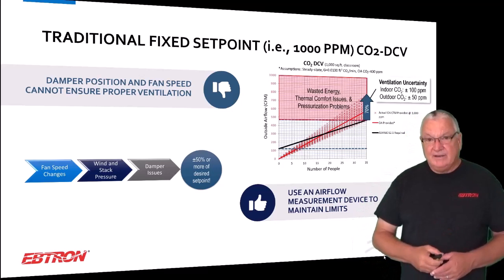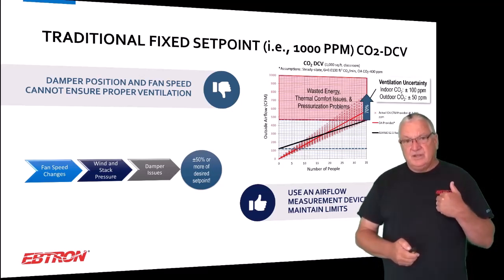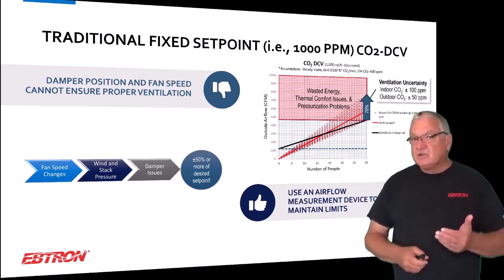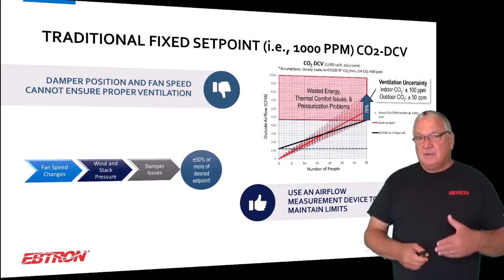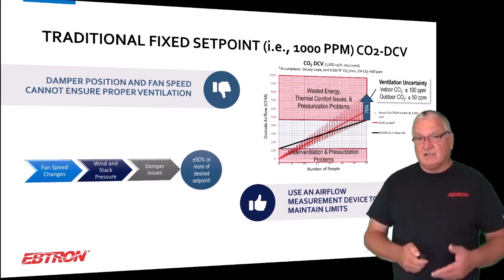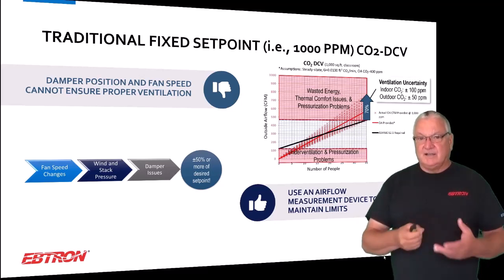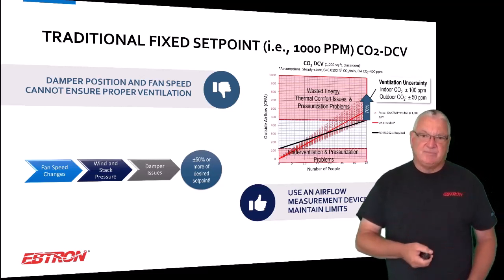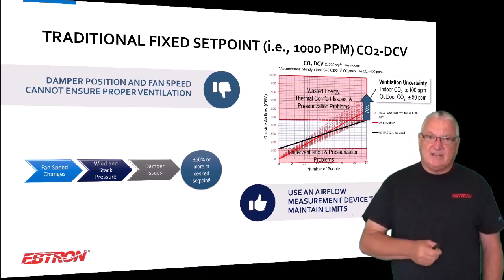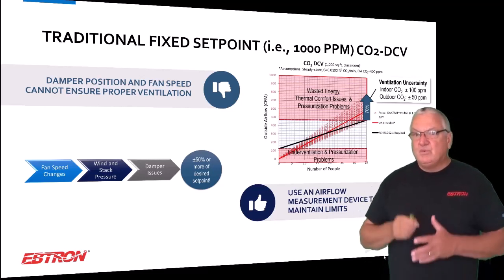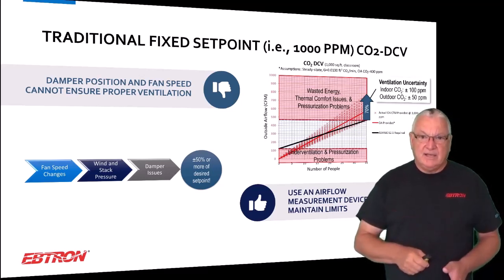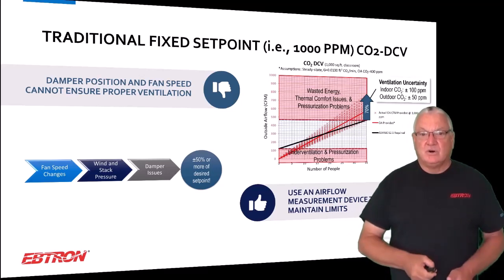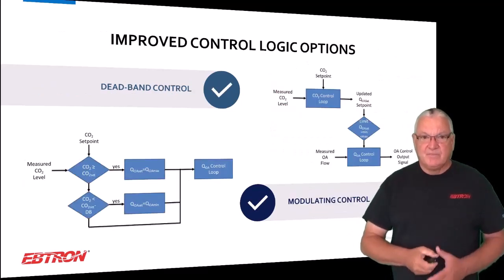On the high end, you're wasting energy, but you're also creating potential thermal comfort issues and pressurization problems. On the low end, you're under-ventilating, with IAQ problems and pressurization problems. This is why we have to get this under control. The way we're currently doing it, it's not under control, and that's a problem.